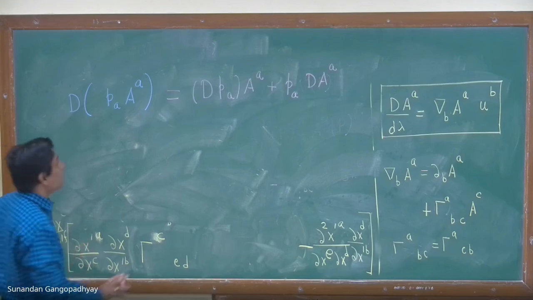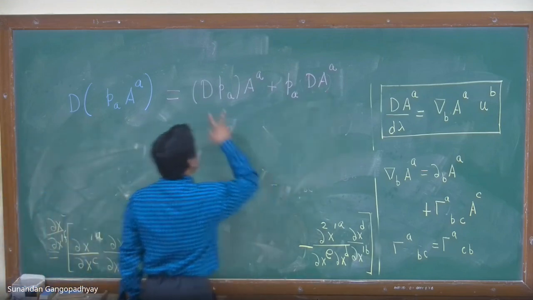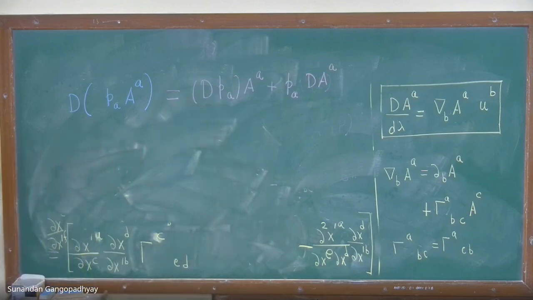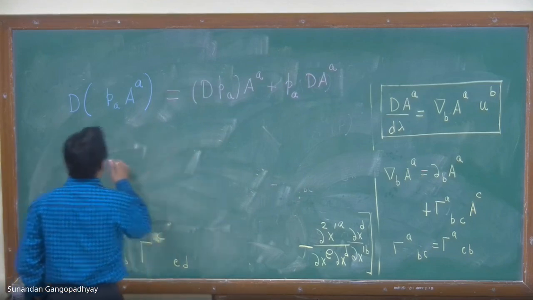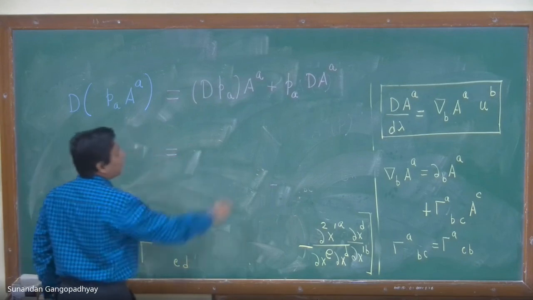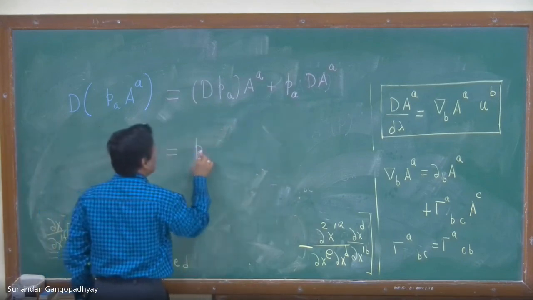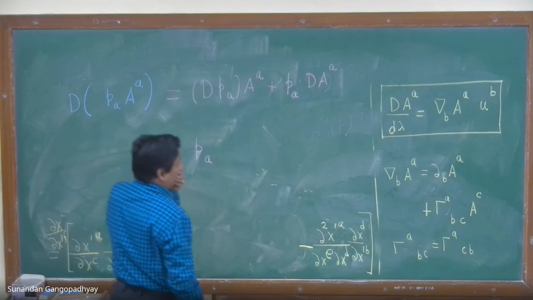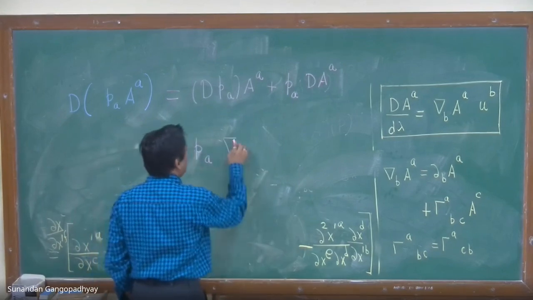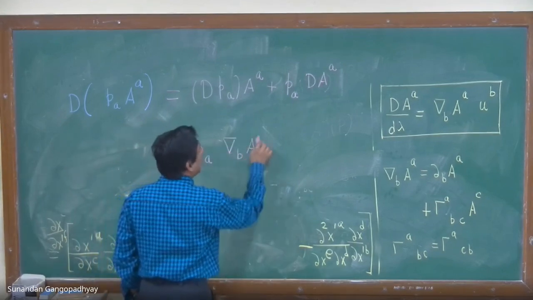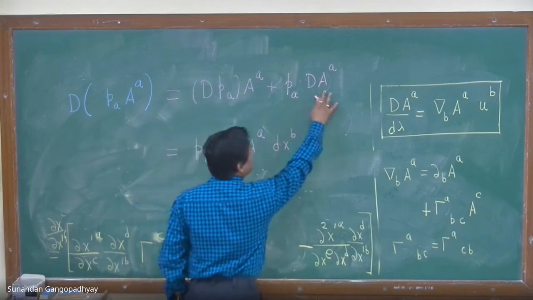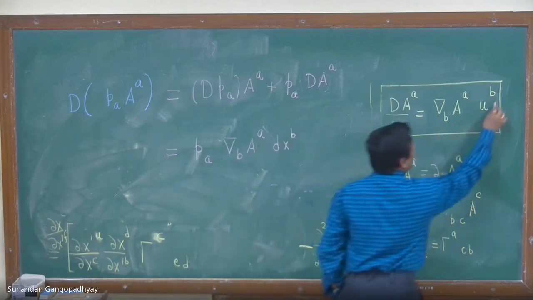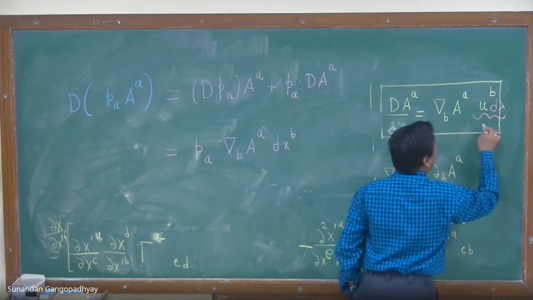What is my aim? I know what this is. My aim is to calculate what this is. Now, what is DA^a? This is p^a, this is grad B A^a, dx^B, this part multiplied by d lambda, u^B d lambda.